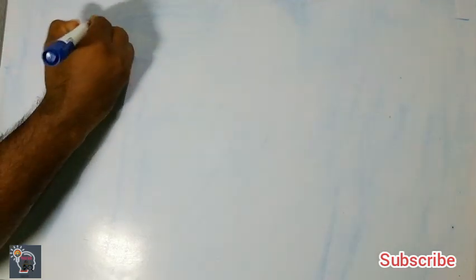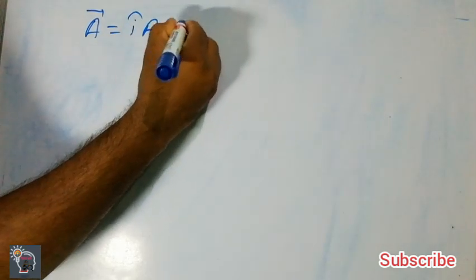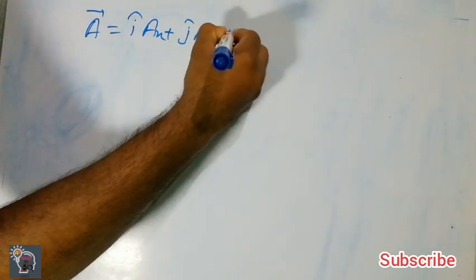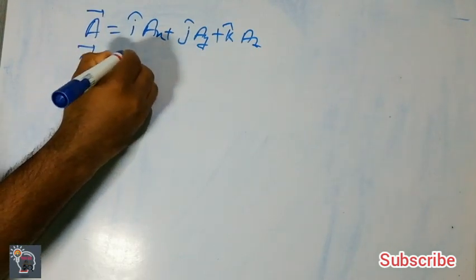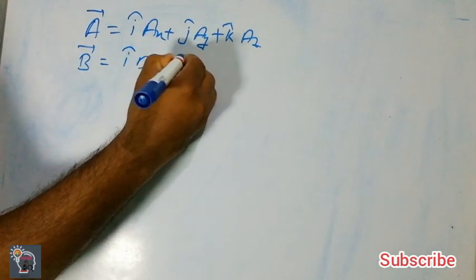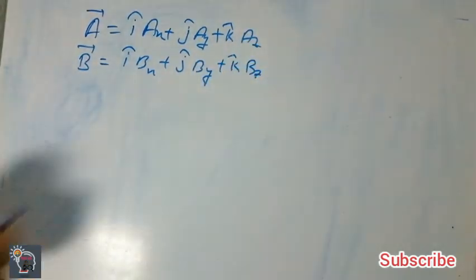Let a vector be equal to i cap ax plus j cap ay plus k cap az, and another vector b be equal to i cap bx plus j cap by plus k cap bz.